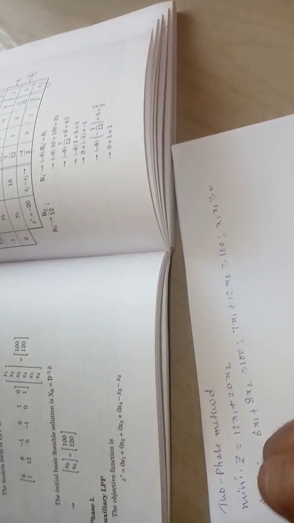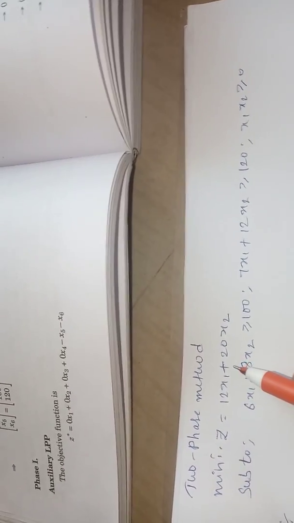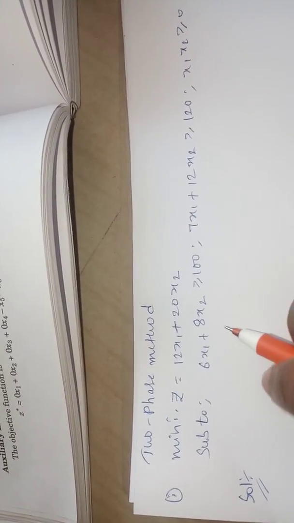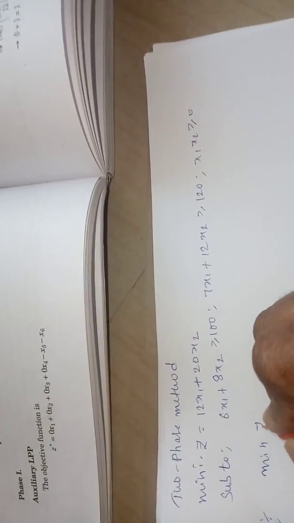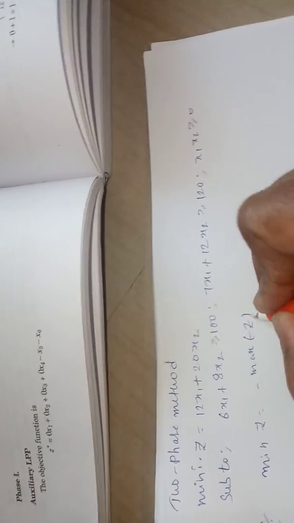As usual, first you have to verify whether the given objective function is minimization or maximization. At present, the given LPP is minimization, so we have to convert it into maximization using the relation minimum z equals minus of max of minus z.